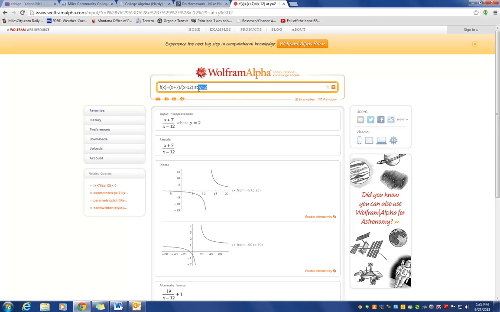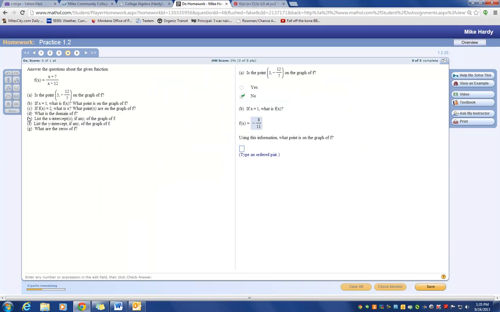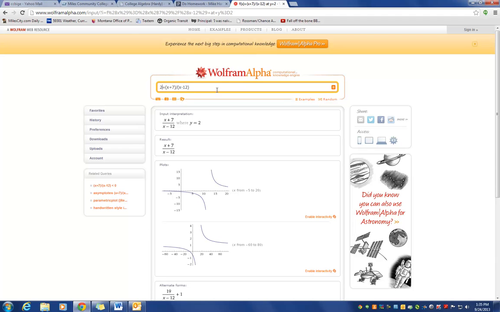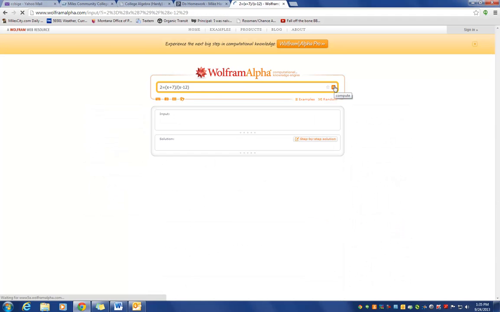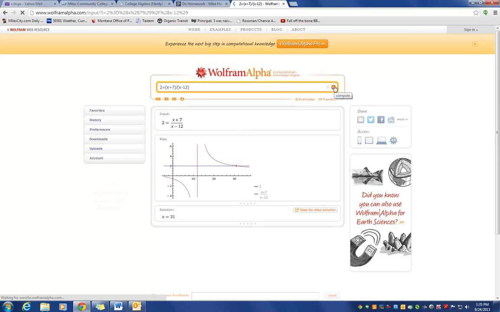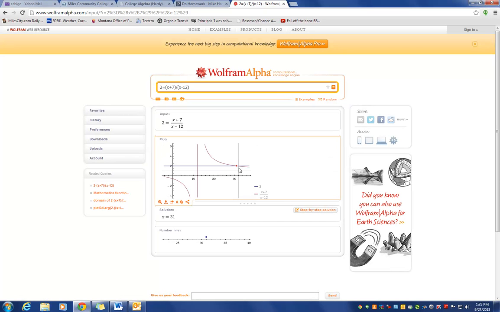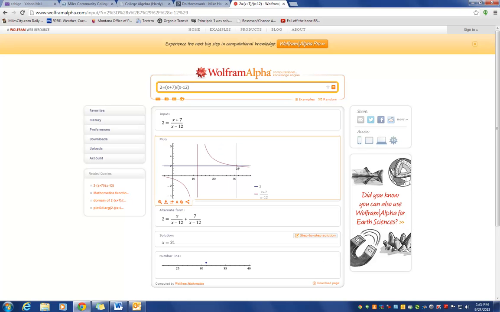The next thing we can do is replace f of x with 2 and see what happens, because that's what we're asked for here. When f of x equals 2, what point is on the graph of f? Okay, so let's find out. It gives a single solution.